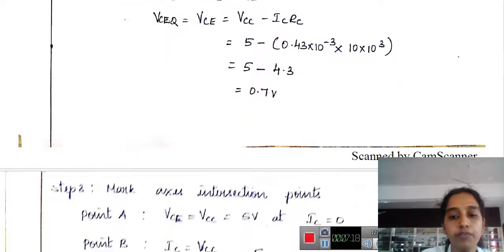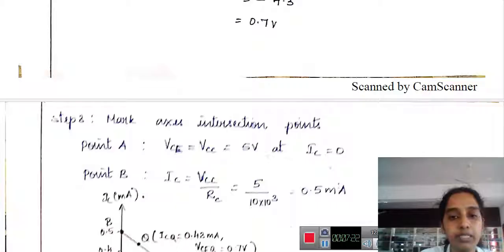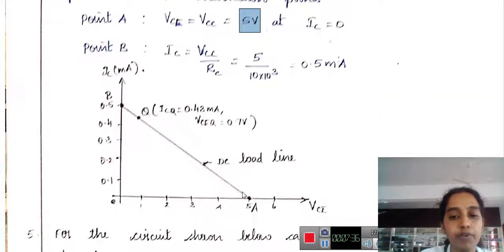Now I have to find the DC load line. To find point A, I am going to consider VCE equal to VCC. I know that VCC is 5 volt, so VCE is 5. Mark point A as 5 volt. First we draw a graph with the x-axis as collector to emitter voltage and the y-axis as collector current in milliamp.